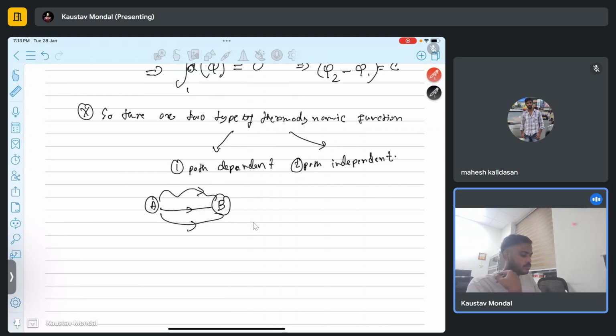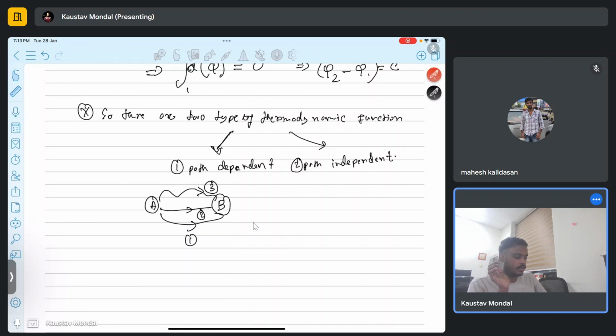The values of the path dependent function for processes 1, 2, 3 will be different, because it is dependent on the path. Although you are going from A to B in all three processes, the paths are different, so you will get different values of path dependent thermodynamic functions.